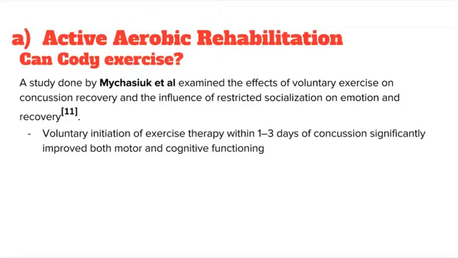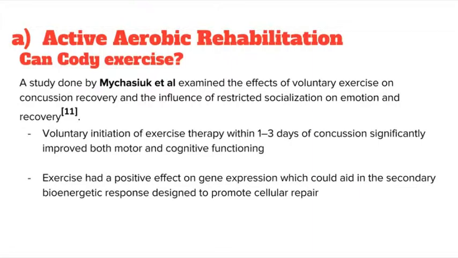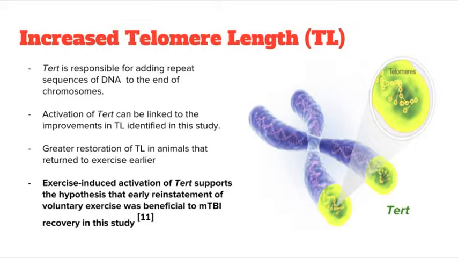Voluntary initiation of exercise therapy within 1 to 3 days of concussion was seen to significantly improve both motor and cognitive functioning. Exercise also had a positive effect on gene expression, which could aid in the secondary bioenergetic response designed to promote cellular repair. The absence of TERT, commonly known as telomerase reverse transcriptase, is associated with aging and disorders.